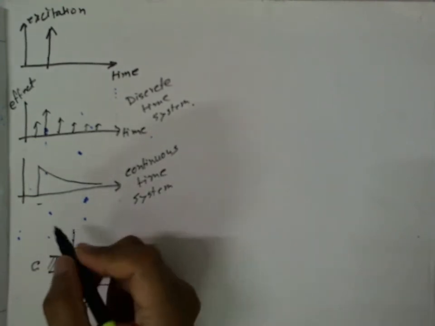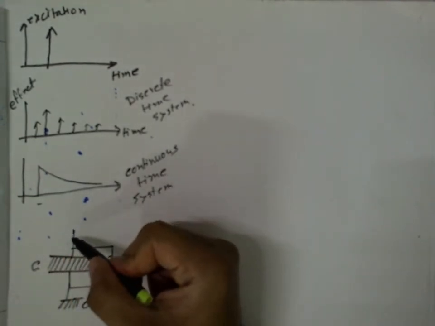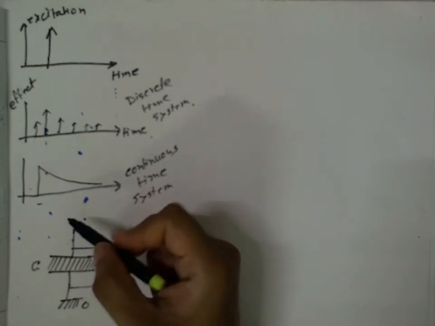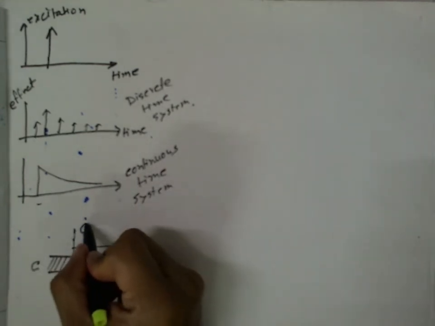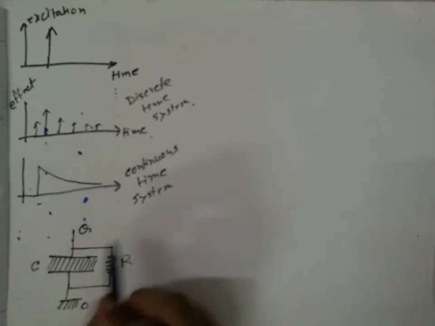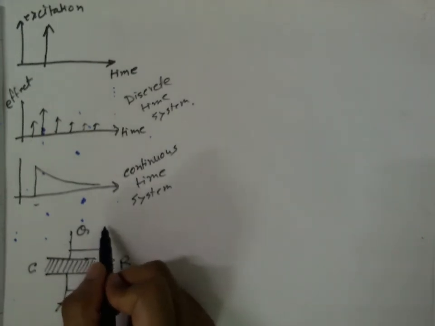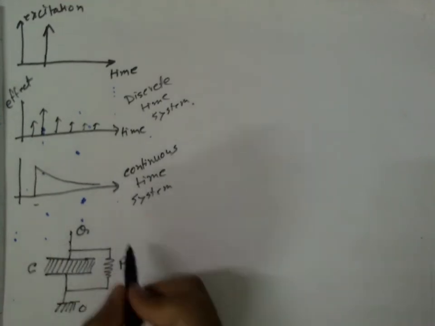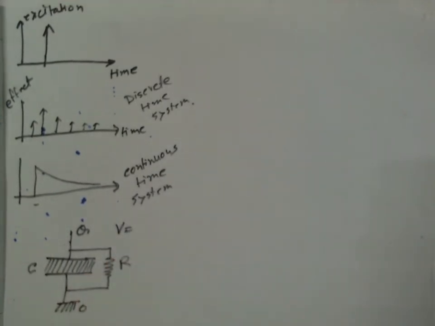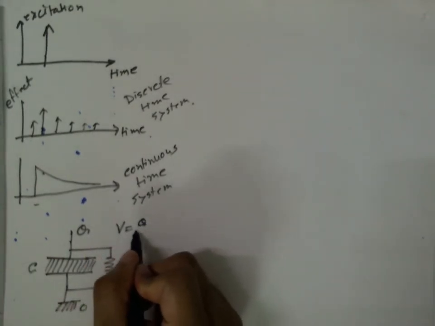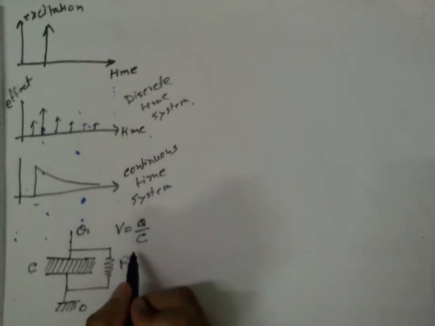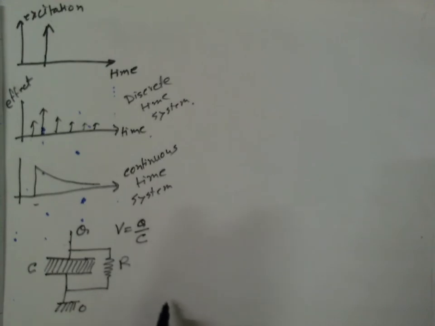If I suddenly give Q amount of charge at the other terminal, then instantaneously the voltage here will rise up to a value equal to Q by C, and after that this voltage will decrease slowly.